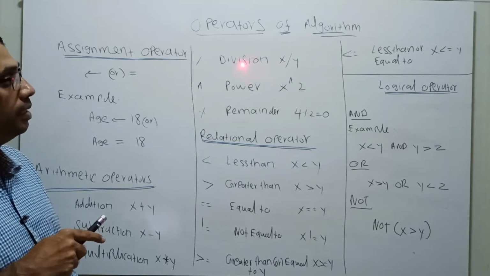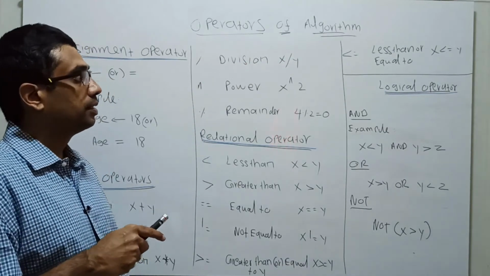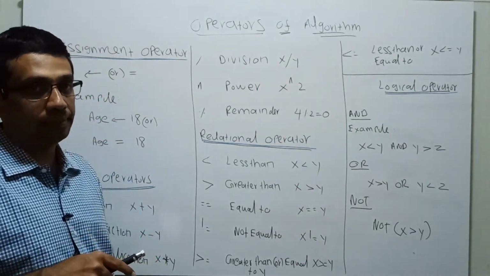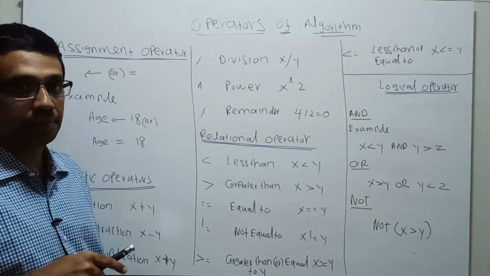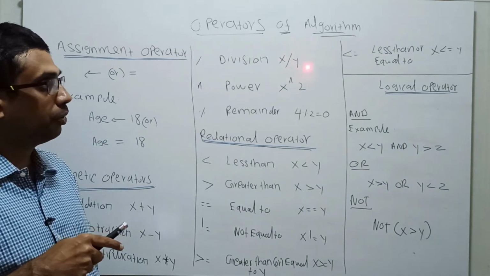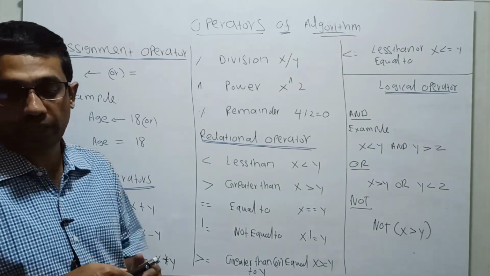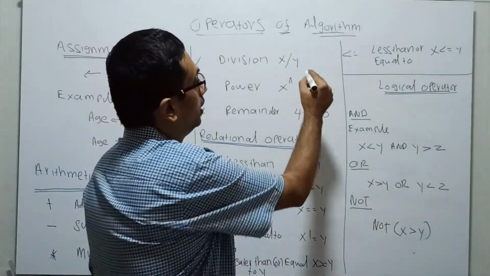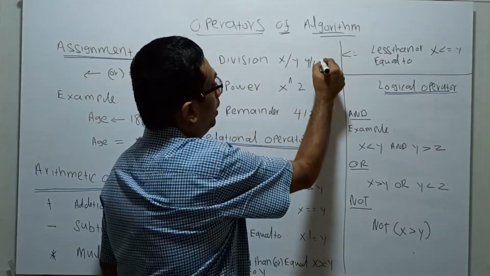Slash is the division operator, so x is divided by y and it will return the value. For example, 4 divided by 2 gives the value 2.